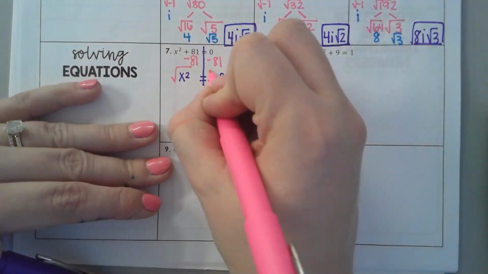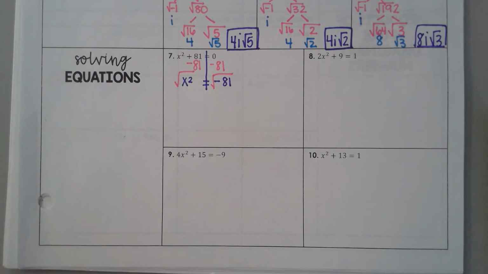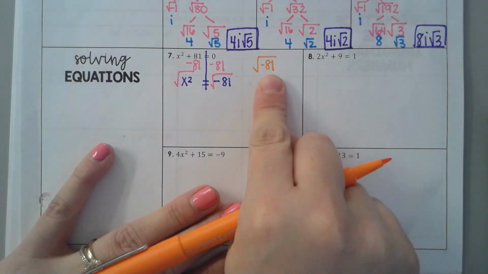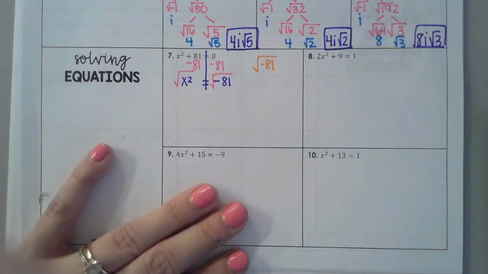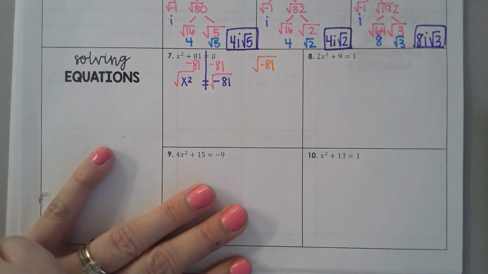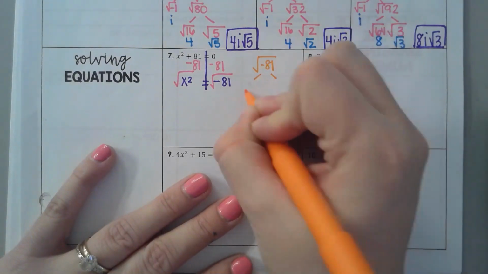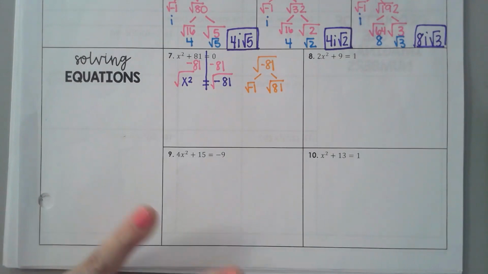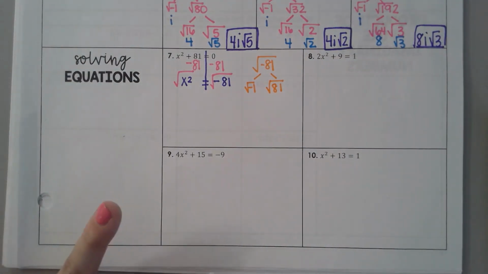So you have to square root both sides. Now I'm working with the square root of negative 81, which is a problem like these up here. So I take out my negative 1, leaving me with an 81.